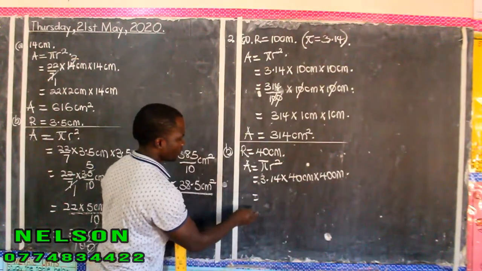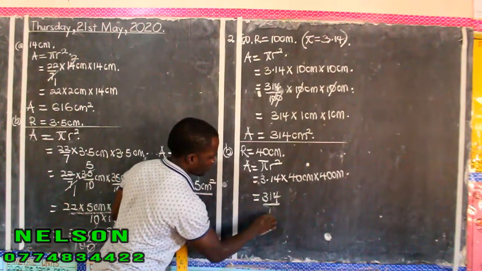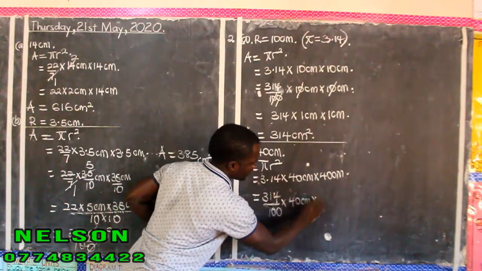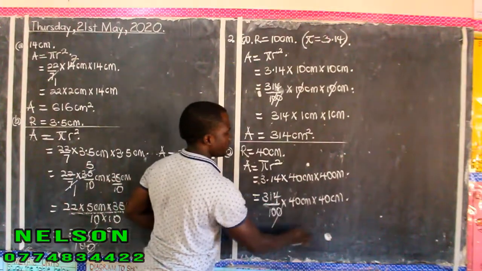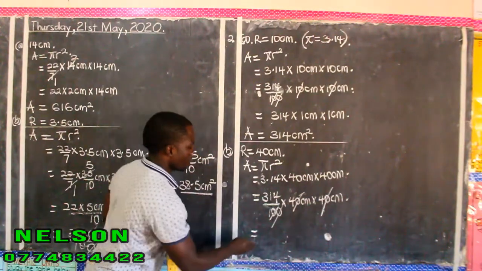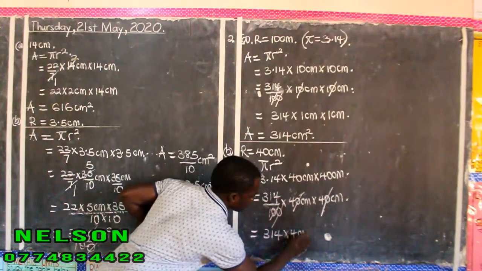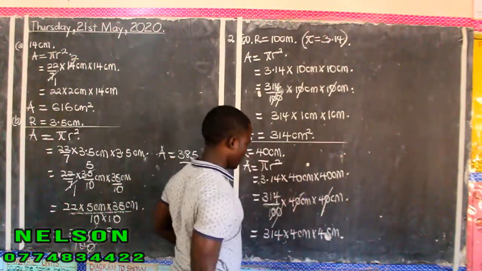Make this a vulgar fraction: 314 over 100 times 40 centimeters times 40 centimeters. This will go with that one, this one with this one here. We shall have 314 times 4 centimeters times 4 centimeters.